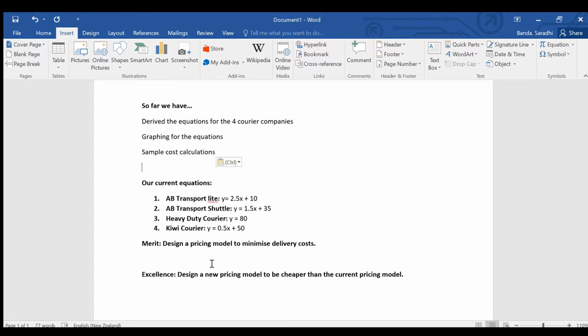So you need to figure out, if at any point in time you've got a random distance X where you need to send your goods, do you know which courier company to choose so that your cost is always minimum?